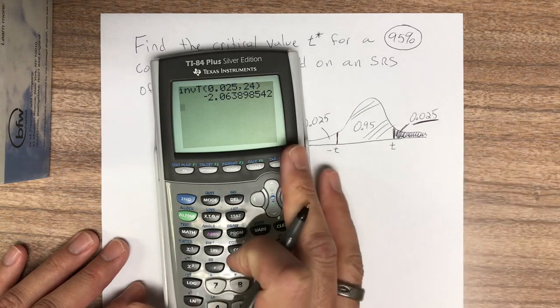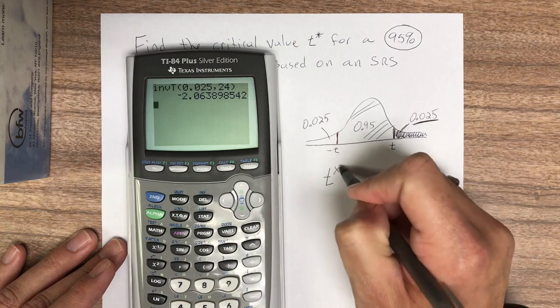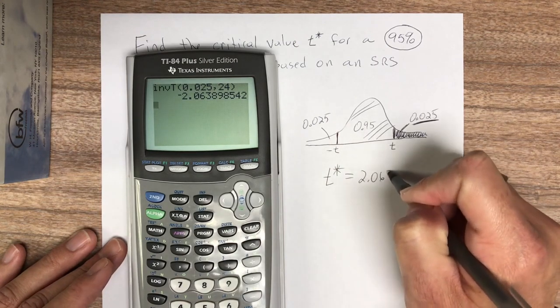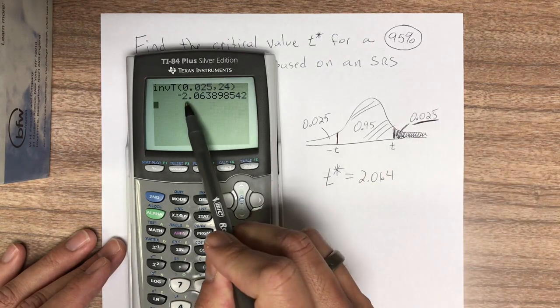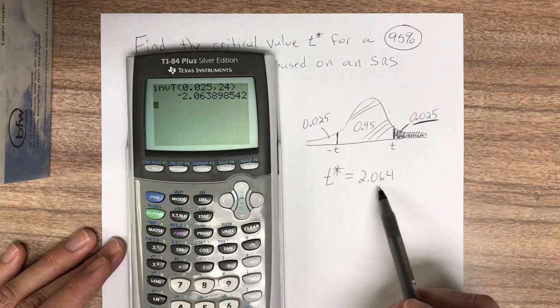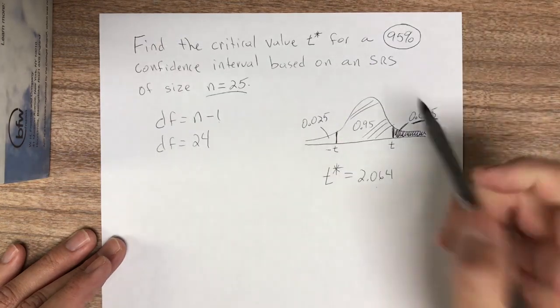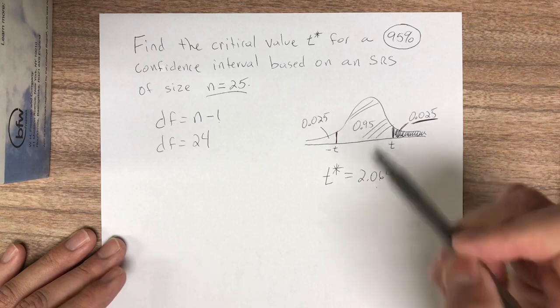So from the calculator, we say that my T star is 2.06, and usually we go to 3 decimal places, so I'm going to round to 2.064, and that's the one we use for our critical value. And this is for a 95% confidence interval.